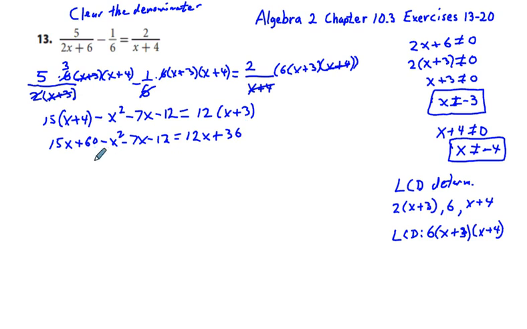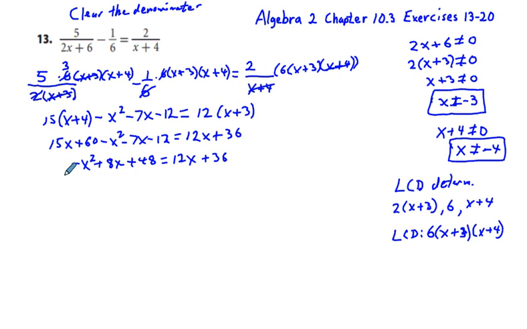Okay, now we can do some combining of like terms here on the left. I'm going to put negative x squared, and then we have 15x minus 7x. That's going to be plus 8x. And then for the numbers, we're going to have 60 minus 12, which is going to be plus 48. And then that's going to be equal to, on the right side, 12x plus 36.